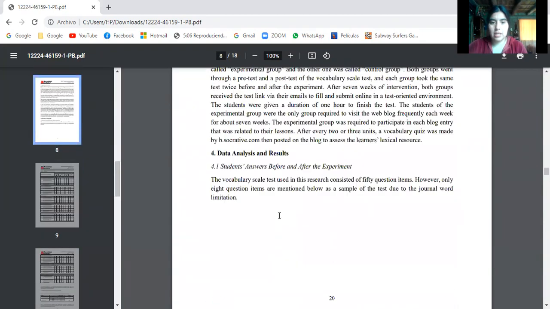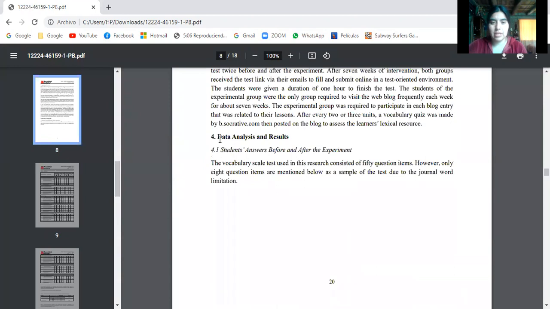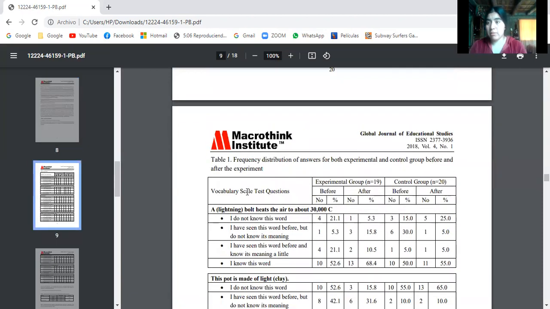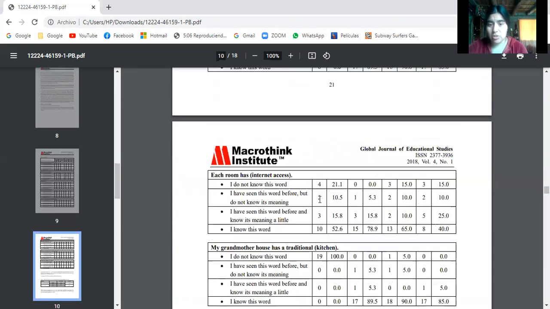Then we are going to analyze the next element, that is data analysis and results. In this case, we are going to summarize in a general trend. In this case, we are going to apply more statistical analysis. As you can see here, we are going to use tables, graphics, pictures, different graphic representations.